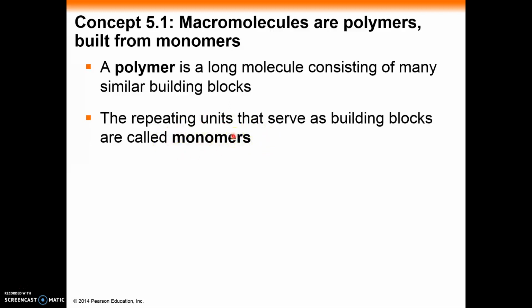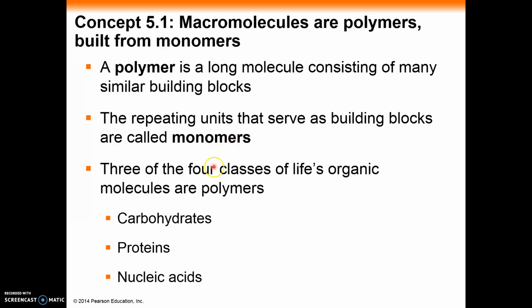Now, of the 4 classes of biological macromolecules, only 3 of them are polymers. Carbohydrates, proteins, and nucleic acids are all polymers.